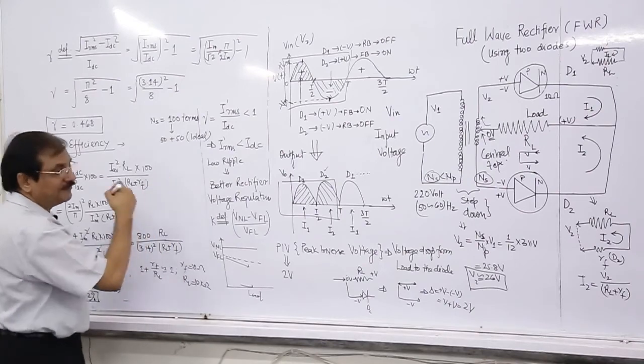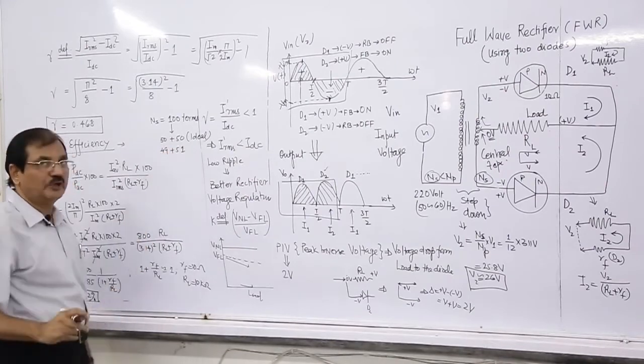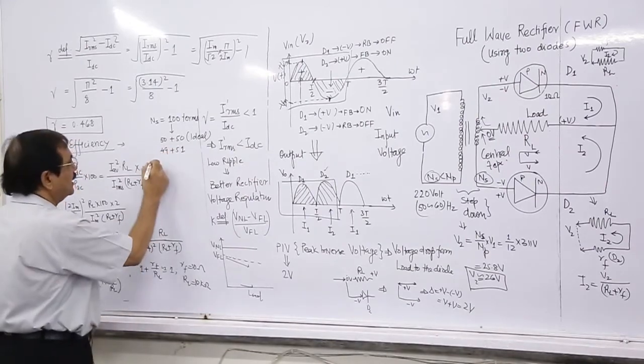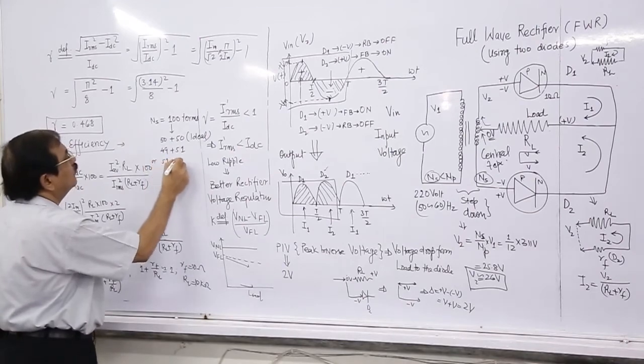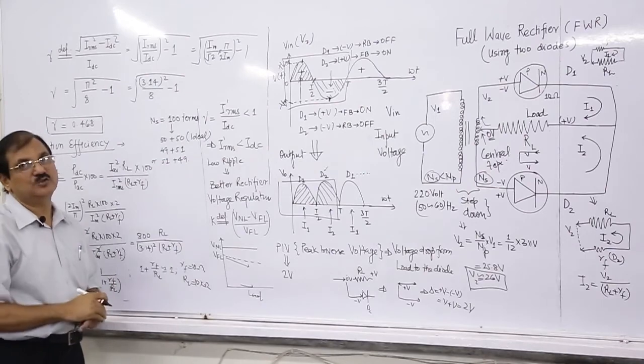Either it will be 49 plus 51, or 51 plus 49, irrespective of the D1 side or D2 side.